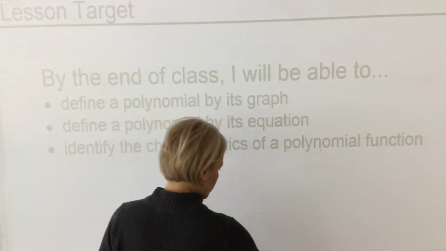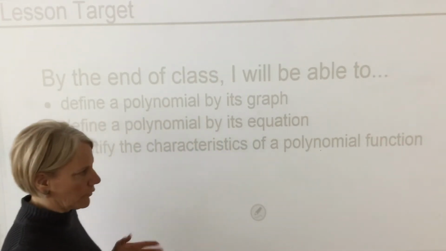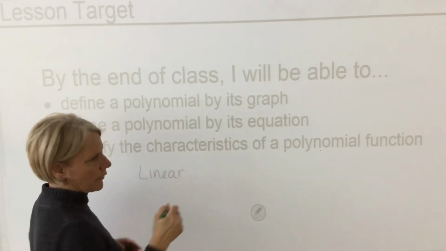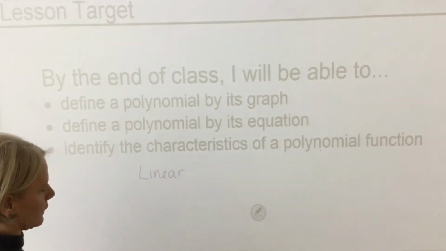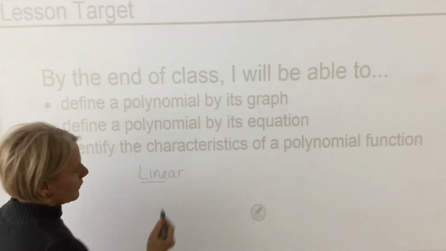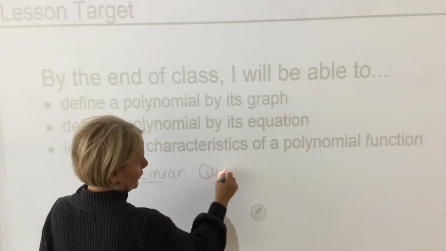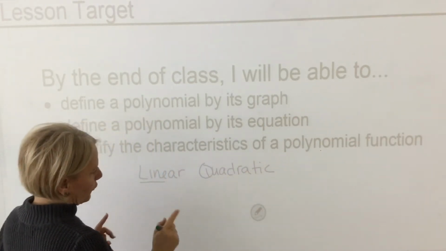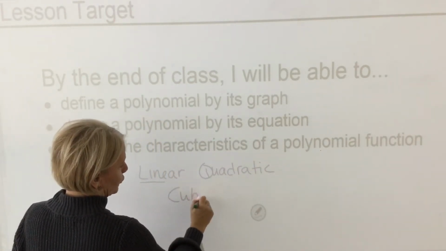There are 3 polynomial functions that you're responsible for knowing in Foundations 30. A linear function, which is the one that you did the pre-teaching when you looked at those videos and you plotted points. It's a line. The second type of polynomial function is called a quadratic. And the third type is called a cubic.